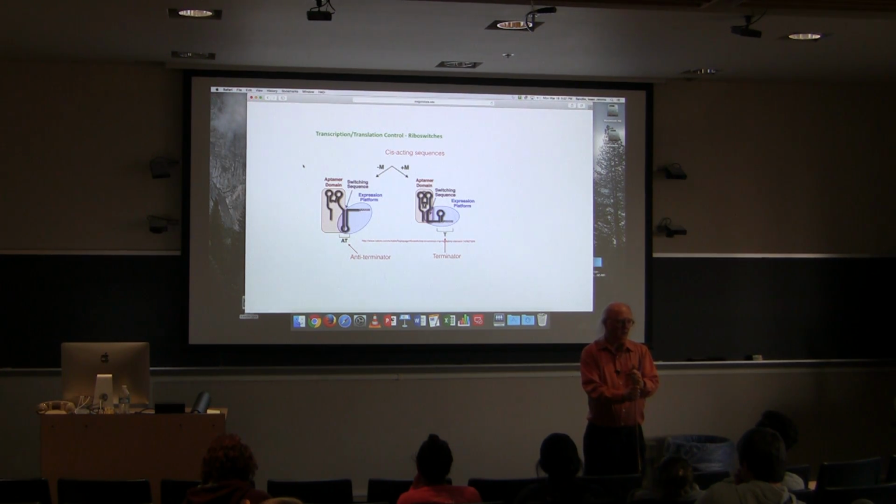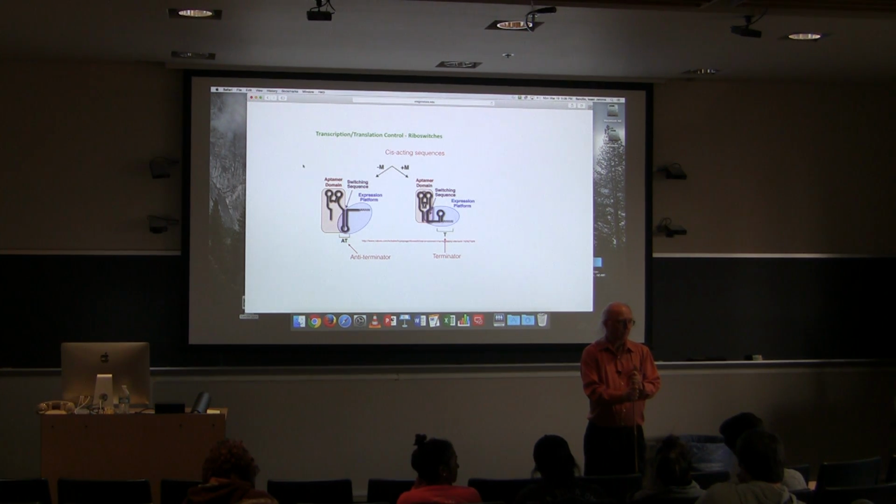You only want the polymerase to continue to transcribe if lactose is present, and so in that case you would predict that it would be an anti-terminator that would allow transcription to go forward. Does that make sense? So you can envision it going either way, and I haven't given you any specific examples. I just want you to understand the phenomenon and what a riboswitch is capable of doing. That's the important part of a riboswitch.